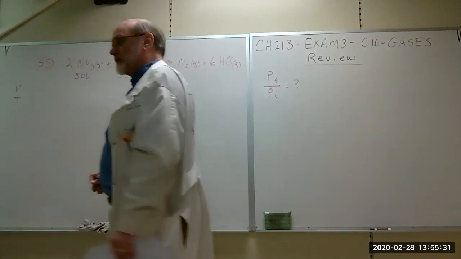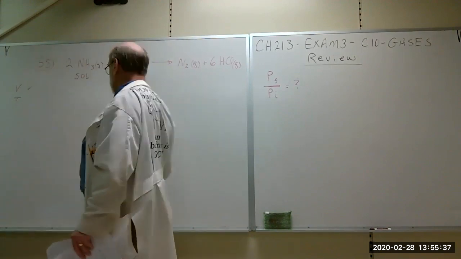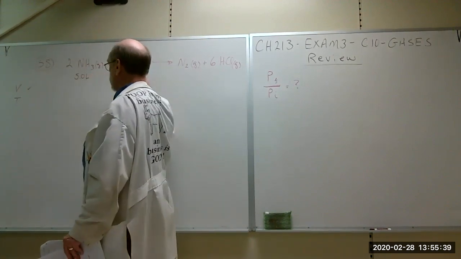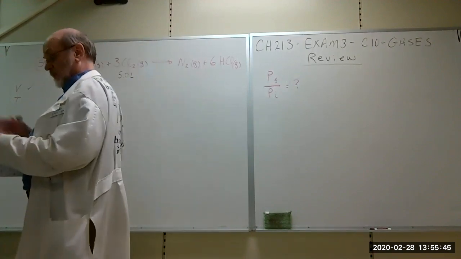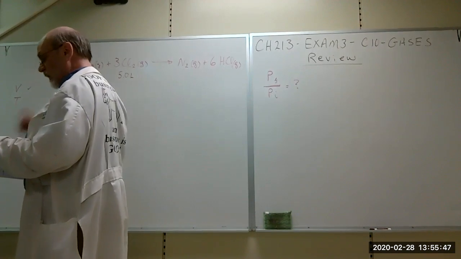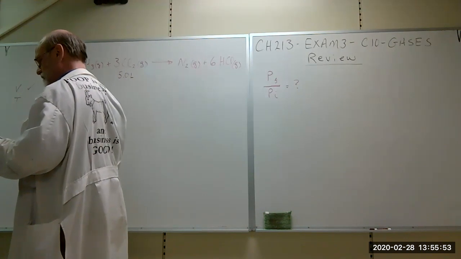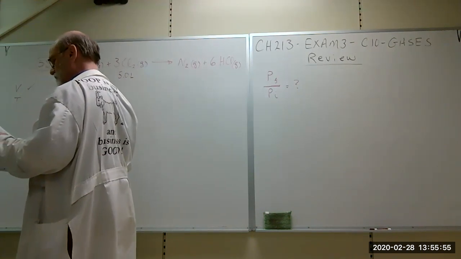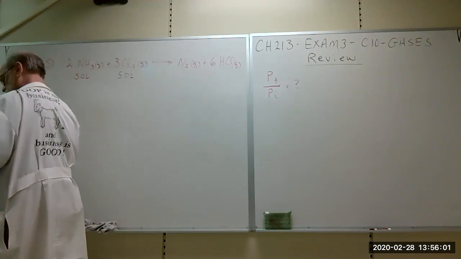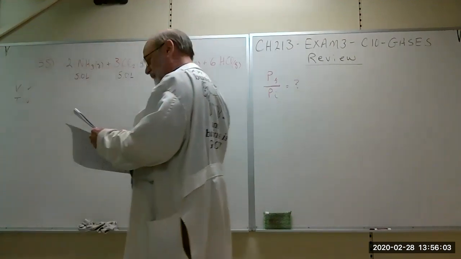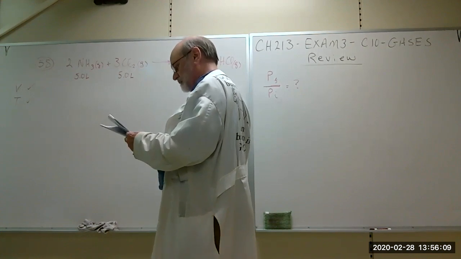The container's closed, then the volume is fixed. You can have this volume of that gas and this volume of that gas, then the total volume has to be fixed because it says it's closed. Okay, so we know that. Temperature. They're all measured at the same conditions, so the temperature has to be constant too, before and after. Okay. All right.